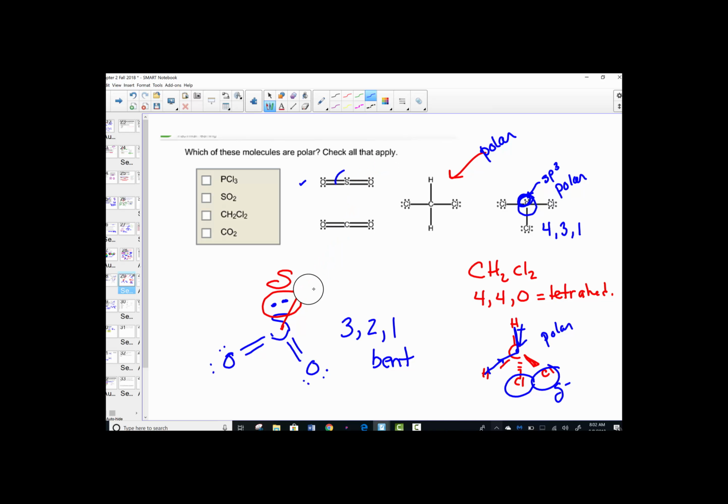Carbon dioxide, CO2, in all directions, carbon has 2 domains. 2 of them are bonded, none unbonded, so we know it's a linear molecule. In each direction, there is an equal distribution of pulling on those electrons from carbon, making the molecule perfectly symmetrical. Therefore, it is non-polar.